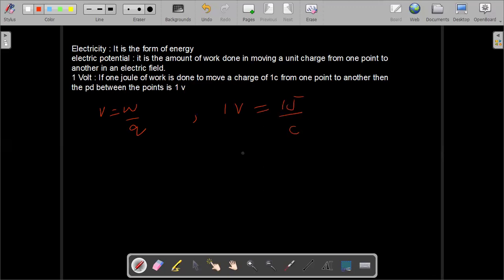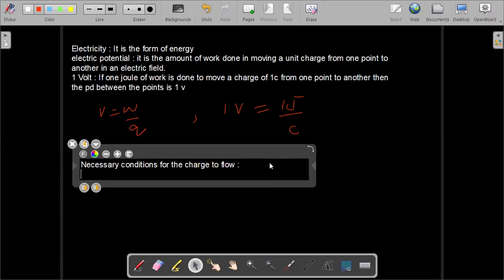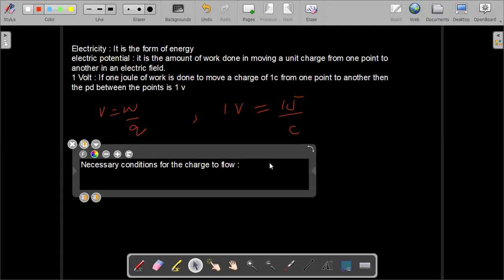And in the last class, we had seen the necessary conditions for a charge to flow, or necessary conditions for current. What are the necessary conditions for the charge to flow? Under what condition will the charge flow?